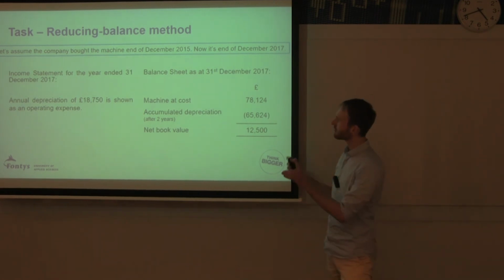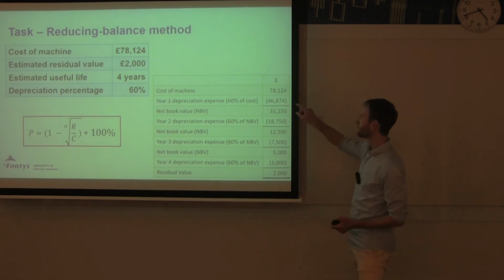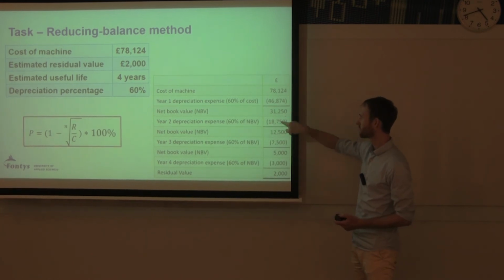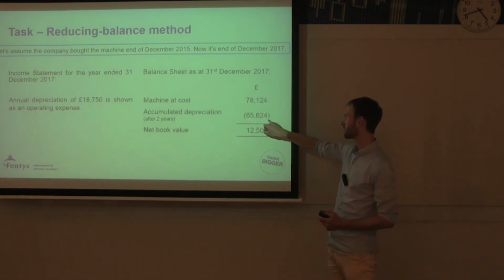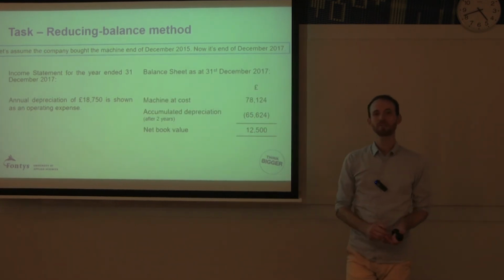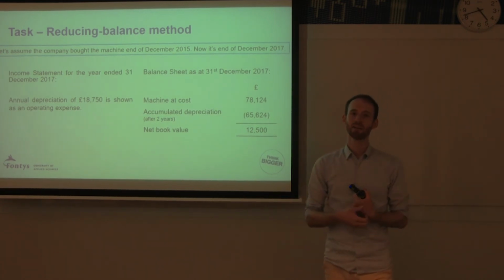And why is that? Let's move back to the other slide. It's depreciation year 1 plus depreciation year 2. And these two together give us 65,624. Okay, so in this case you see depreciation is higher in the early years and lower in the later years.